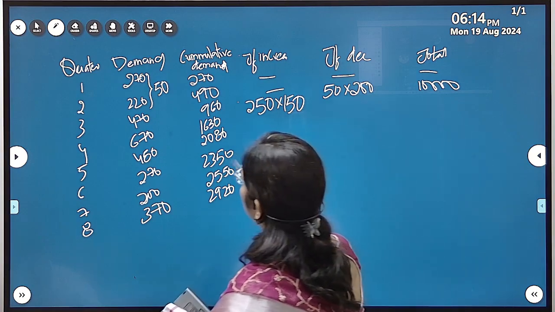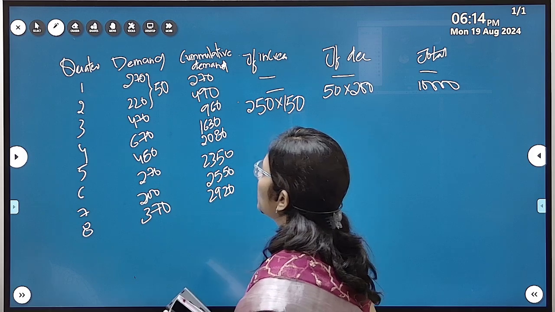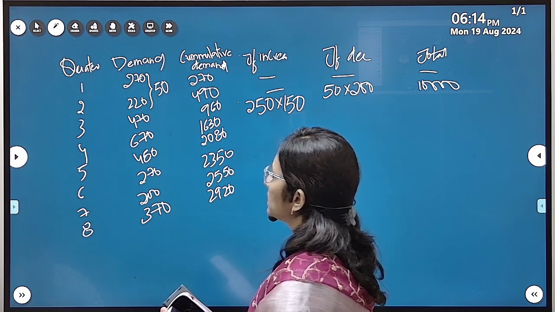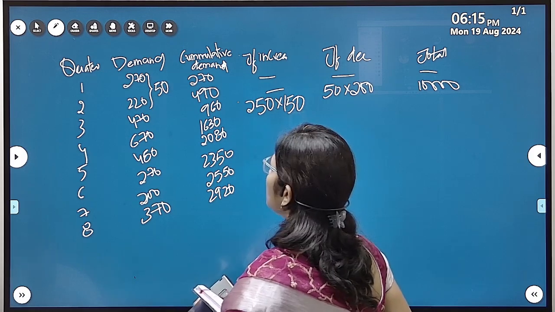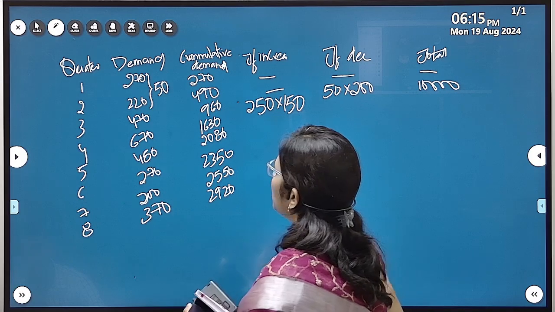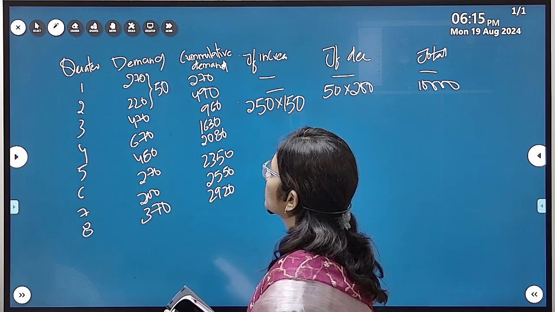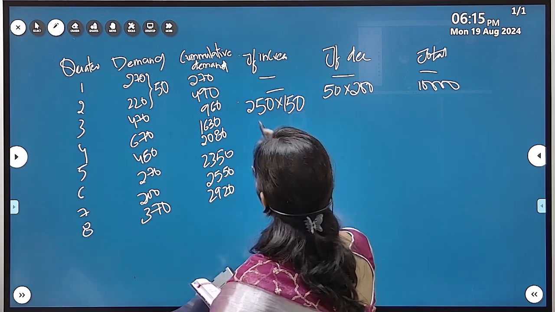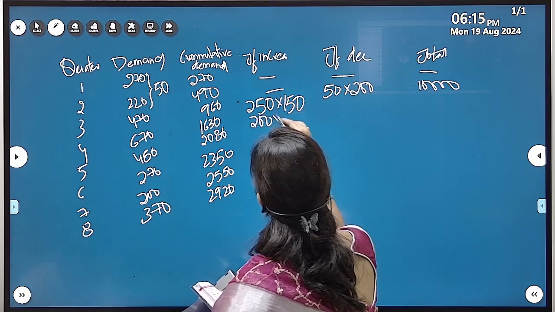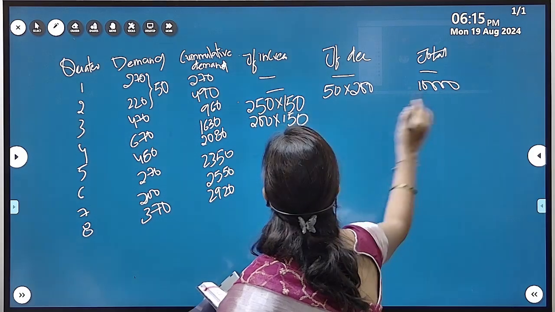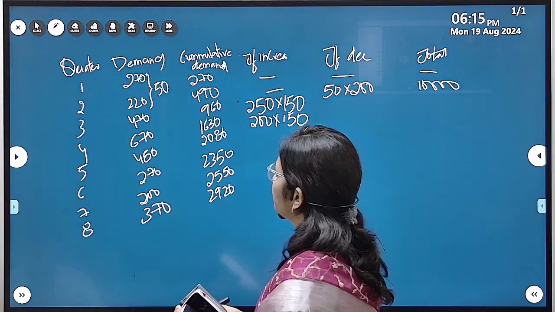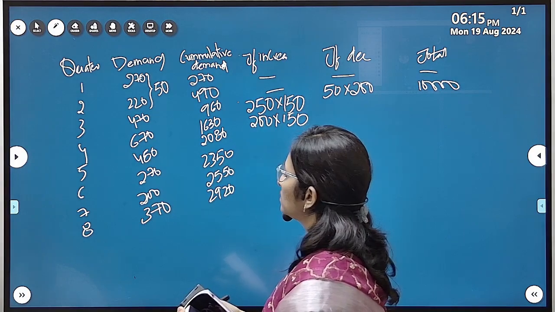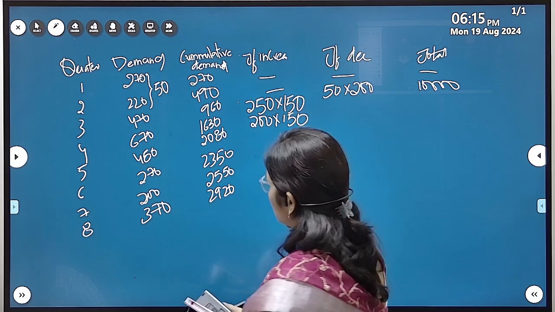Next, in the fourth quarter, when compared with the third quarter, is it increasing or decreasing? Increasing. How many units? 670 minus 470, 200 units it is increasing. So if it increases, the cost will be 150. So amount, tell me. Next, when compared to the fifth and fourth quarter, the amount is decreasing.